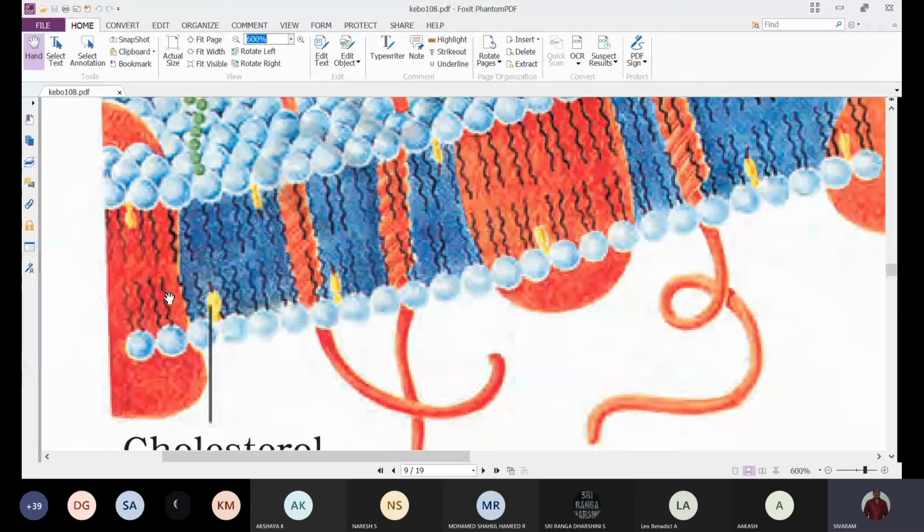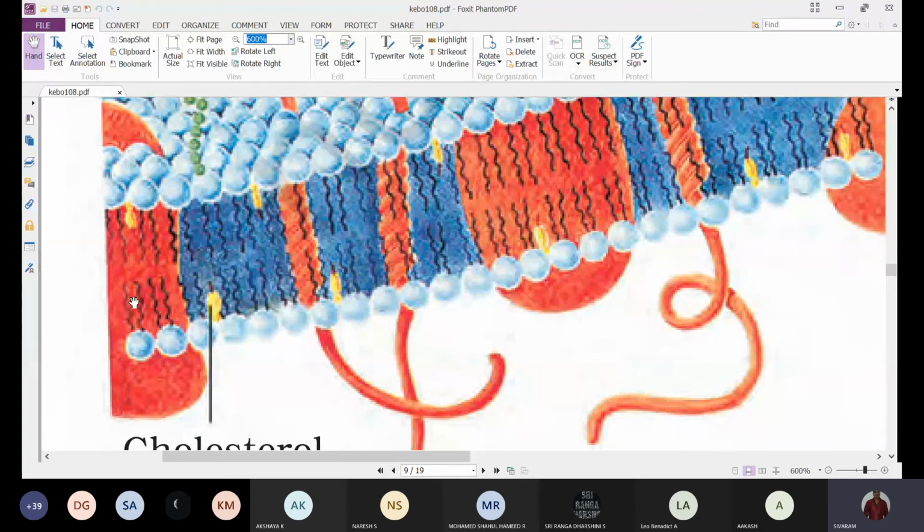That's why we say hydrophobic. In a phospholipid, we find two structures: a head and a tail. The head is hydrophilic, whereas the tail is hydrophobic. Understand? So this is the head, which is hydrophilic, and these are the tails.